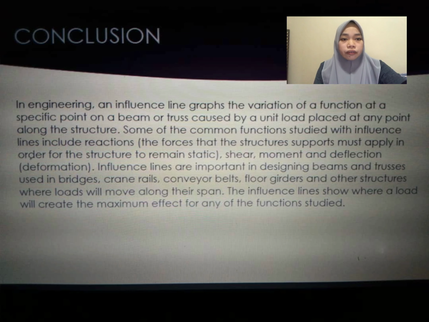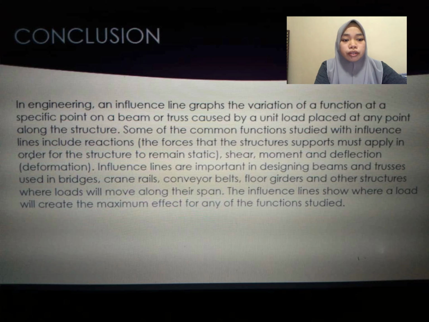After that, in conclusion, in engineering, an influence line graphs the variation of a function at a specific point on a beam or truss caused by a unit load placed at any point along the structure. Some of the common functions studied with influence line include reaction, shear, moment, and deflection.